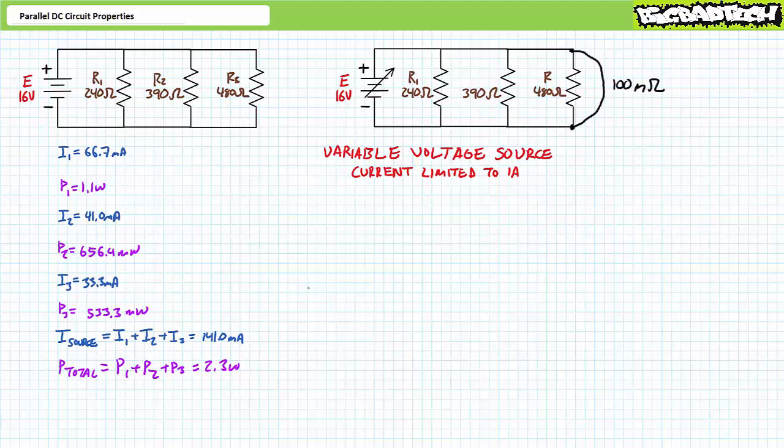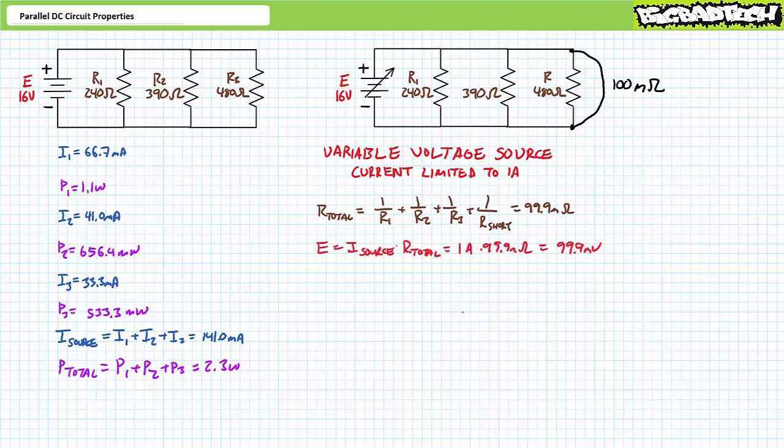If, however, a low resistance short, on the order of, let's say, 100 milliohms, is placed from terminal A to B, another path with extremely low opposition to current exists, and substantial current through the short will flow. The parallel combination of R1, R2, R3, and the 100 milliohm short presents a resistance of only roughly 99.9 milliohms.